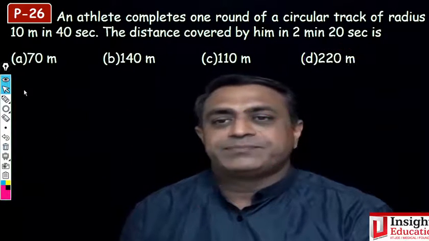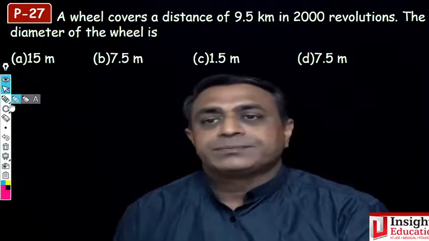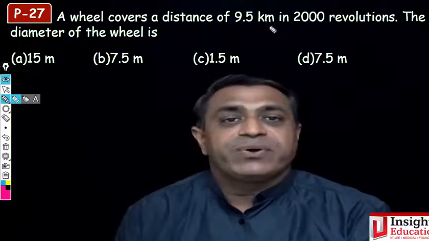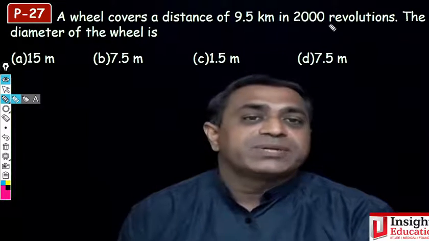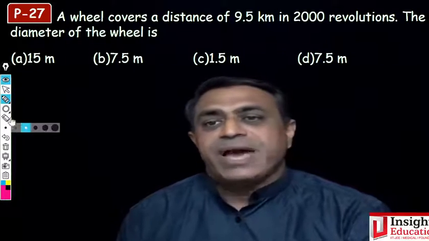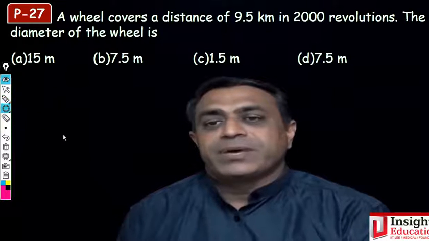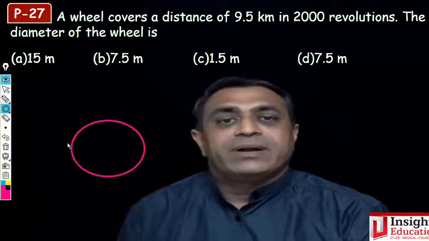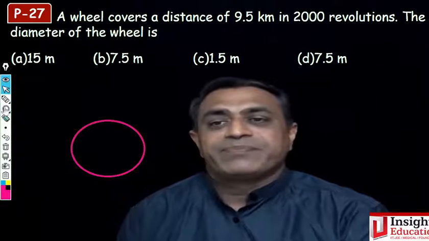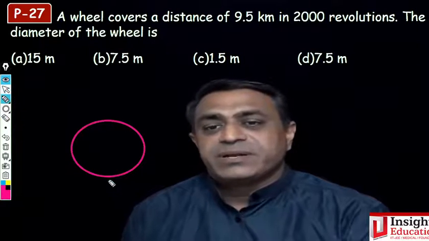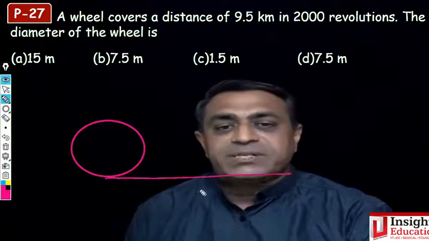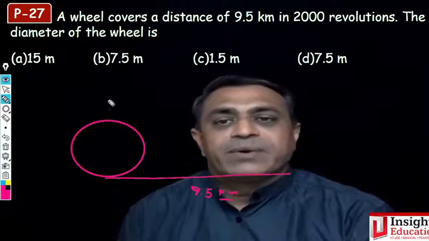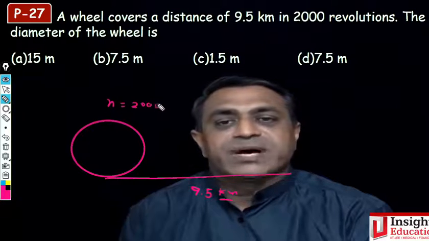Next example, a wheel covers a distance of 9.5 kilometer in 2000 revolutions. The diameter of the wheel, okay, suppose we consider the wheel. So the wheel covers 9.5 kilometer. Okay, so if we consider distance covered, that is 9.5 kilometer, and the number of revolutions is 2000.